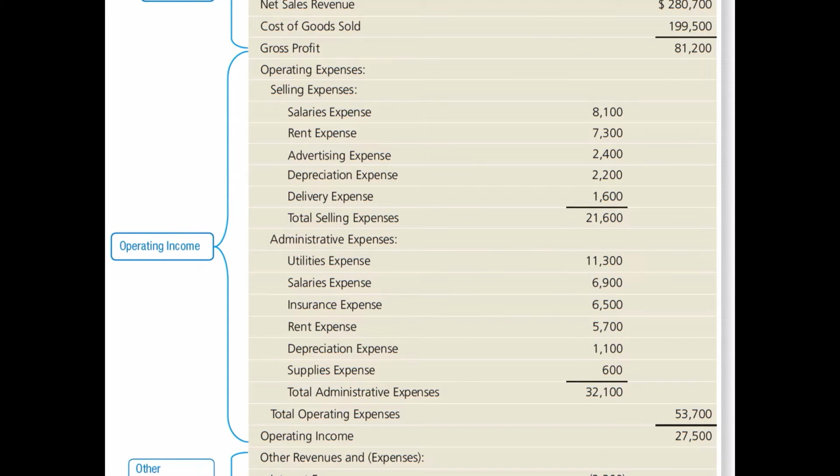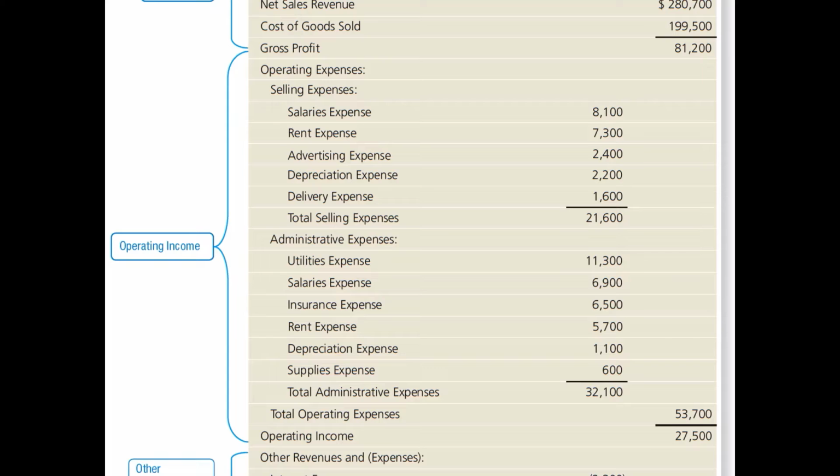Right after gross profit, we start listing our expenses. You'll notice that we have the title of operating expenses. Operating expenses are the costs associated with operating or running our business. We've also identified these operating expenses and categorized them into two categories.